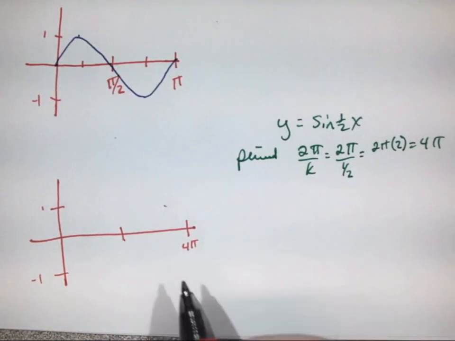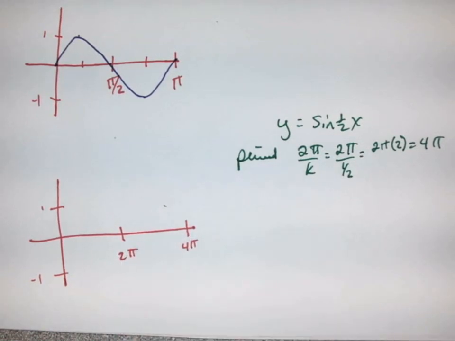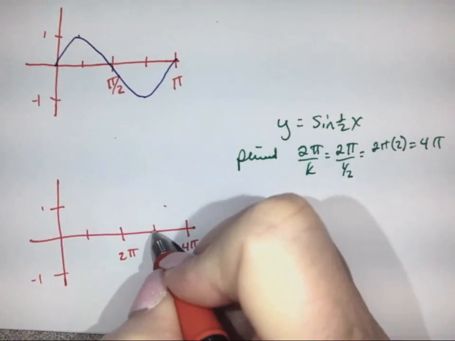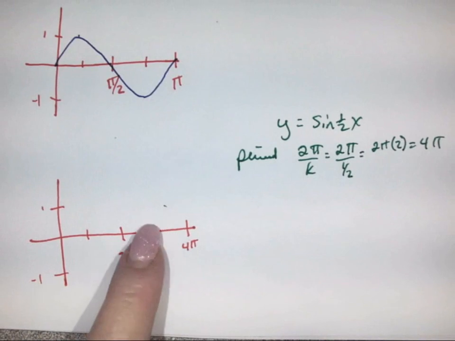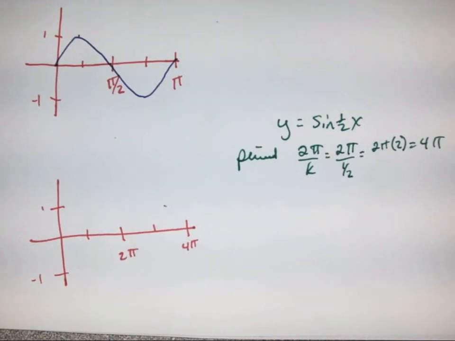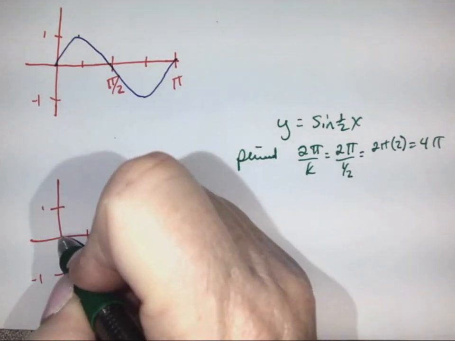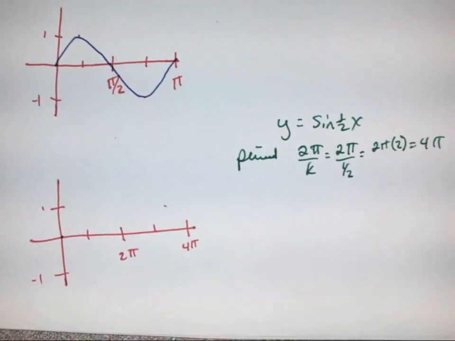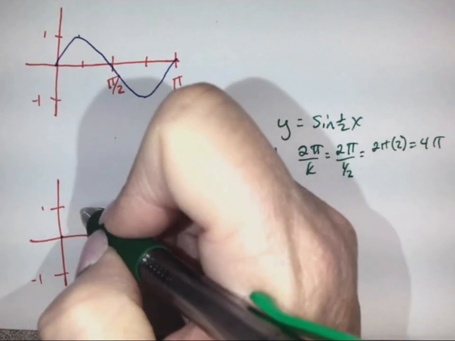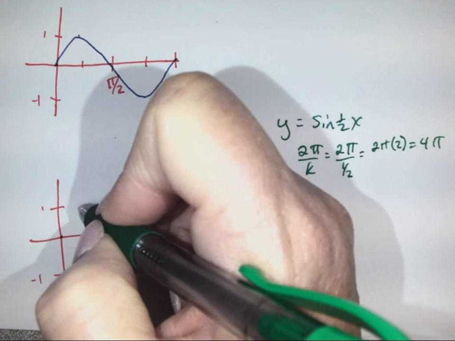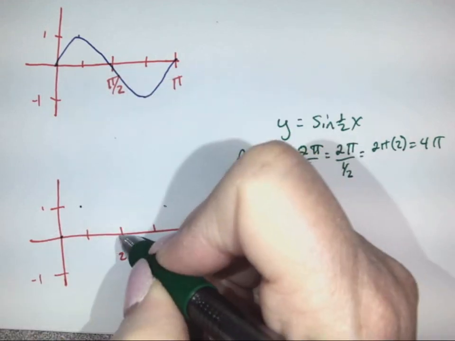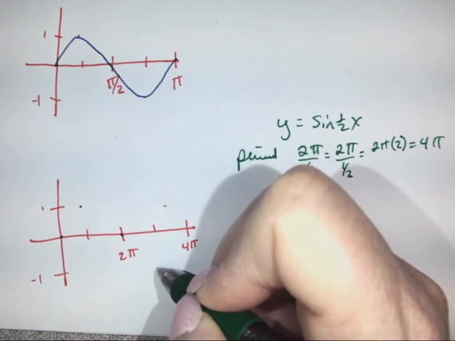So half of 4 pi will get us 2 pi. So these are now 1 pi and 3 pi. But that part doesn't concern us so much as just having those 2 major ones, because you can easily see what the value is. All right, so then we're going to come up and down.